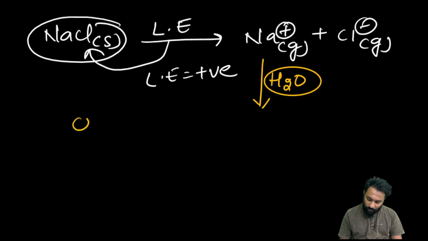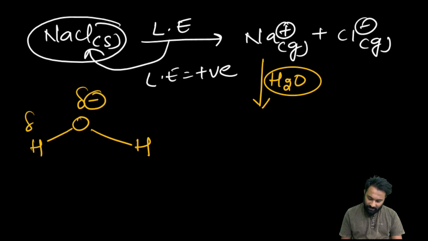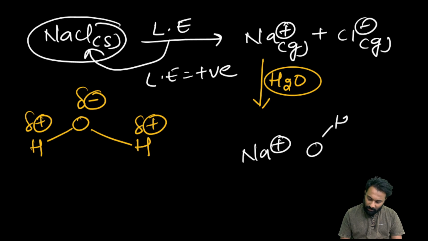Oxygen in H2O has a partial negative charge and hydrogen has a partial positive charge. This Na plus ion will be attracted to the H2O molecule in this manner.